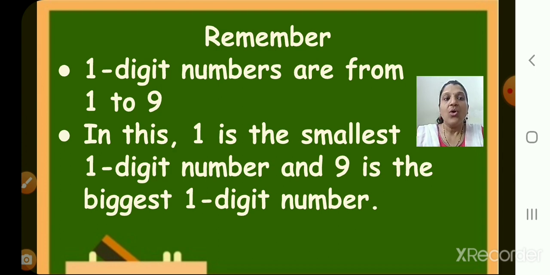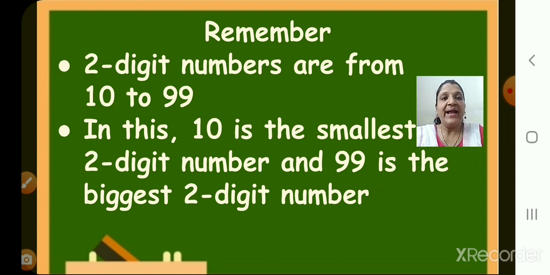In this, 1 is the smallest one-digit number and 9 is the biggest one-digit number. And two-digit numbers are from 10 to 99. In this, 10 is the smallest two-digit number and 99 is the biggest two-digit number.